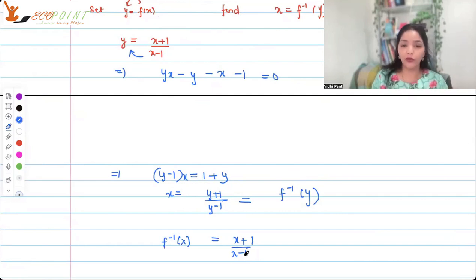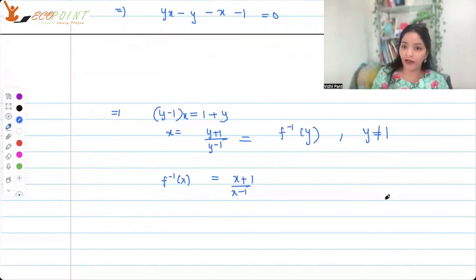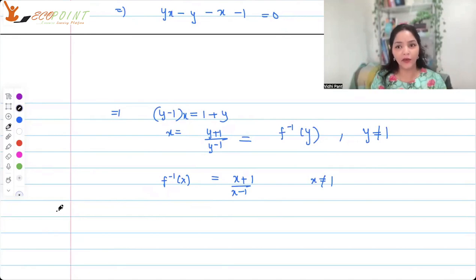And how can you define this? You can define this for y not equal to 1. So which means that you will be defining the inverse function also where the input is not equal to 1. So the inverse function also goes from, and in fact, if you observe from here, you can now talk about the range as well.